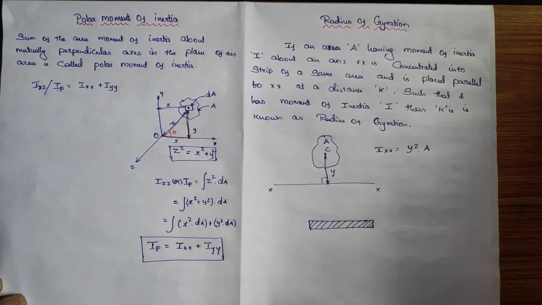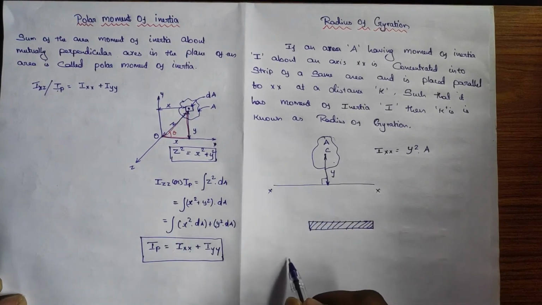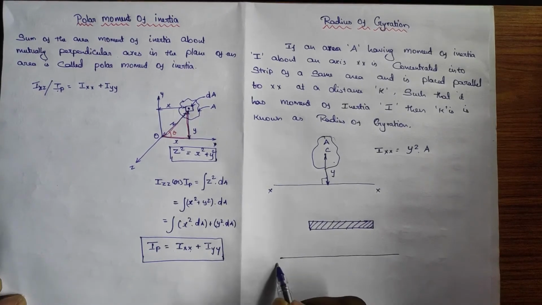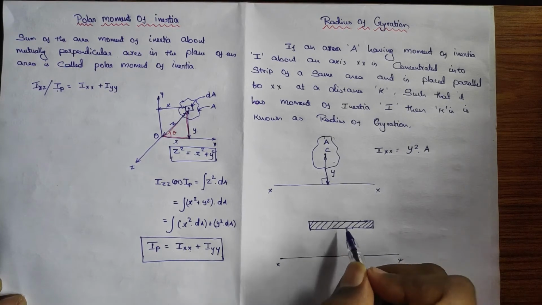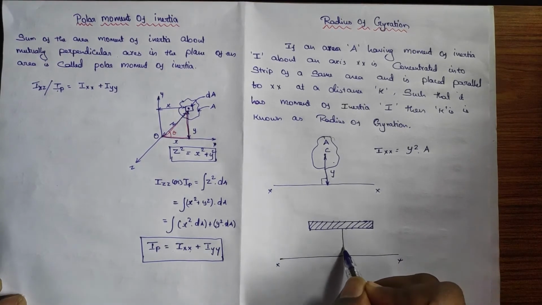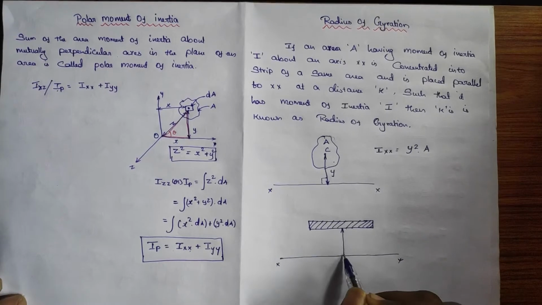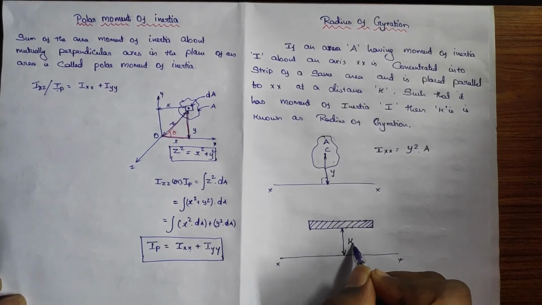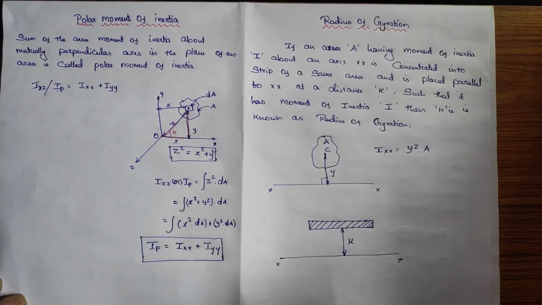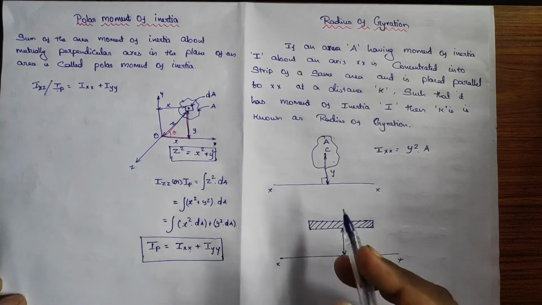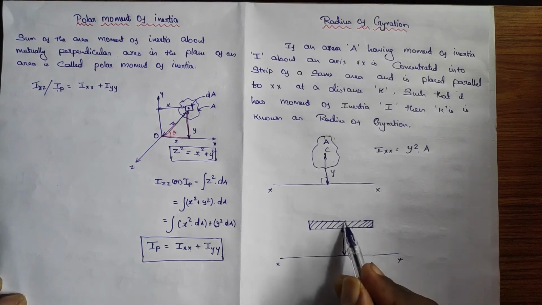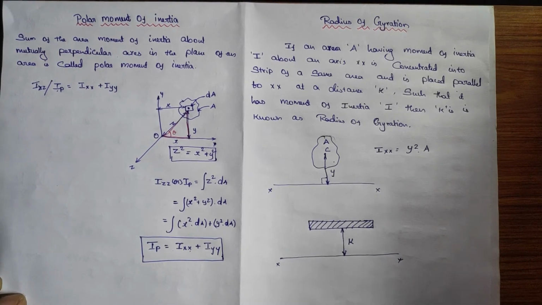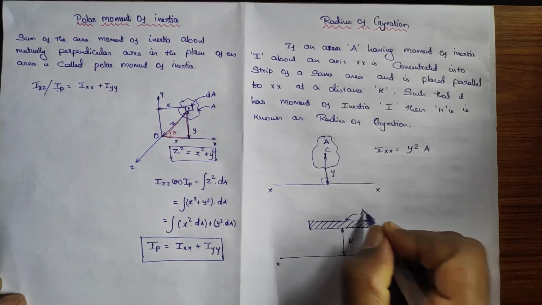Here as well, I consider an axis XX parallel to it. The distance between the strip and this axis XX is K, because I don't know exactly what the measurement is. I concentrated it into a strip, so I don't know the exact distance between the strip and XX, but the area is A.